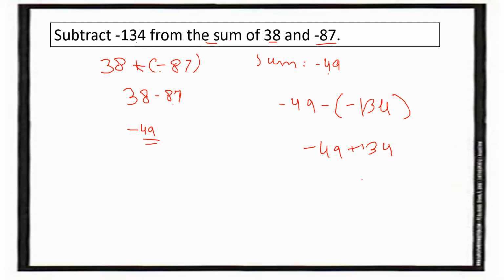Why? Because after subtraction we will get 85, but the sign will come with the greater number. 134 is the greater number and its sign is positive, so this will be positive only. So the answer we got is 85.